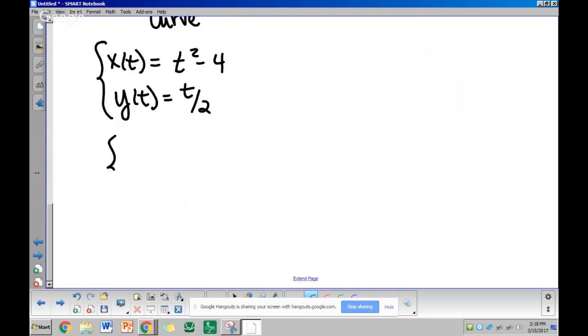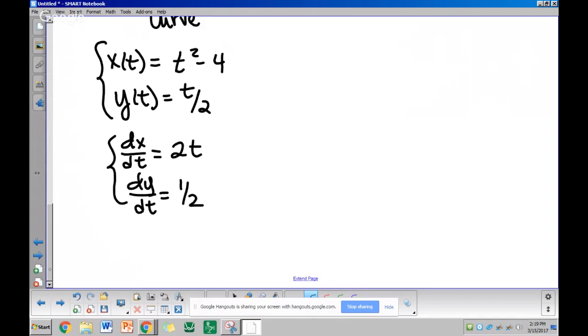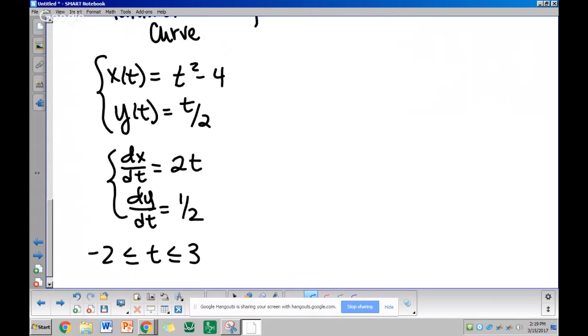So dx/dt, as we said earlier, is 2t, dy/dt is 1/2. And we have this curve defined from -2 to 3, isn't that what I said? So we can find the arc length of this curve.